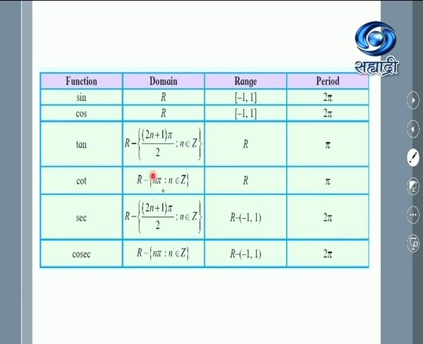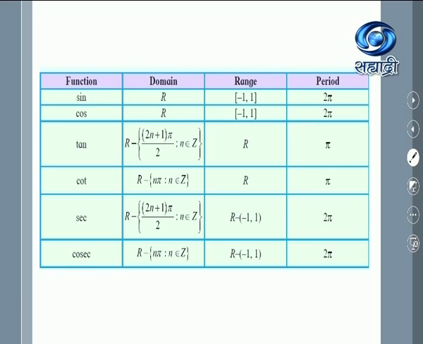So whenever you are having n pi, the denominator becomes 0 for cot theta as cos upon sine. Therefore we exclude the angles n pi where n belongs to Z. And therefore the domain of cotangent function is R minus the set of integers, that is n pi. Okay, that n may be positive or negative integer or may be 0. The range of cotangent function is the set of reals, and the period of the function is pi.